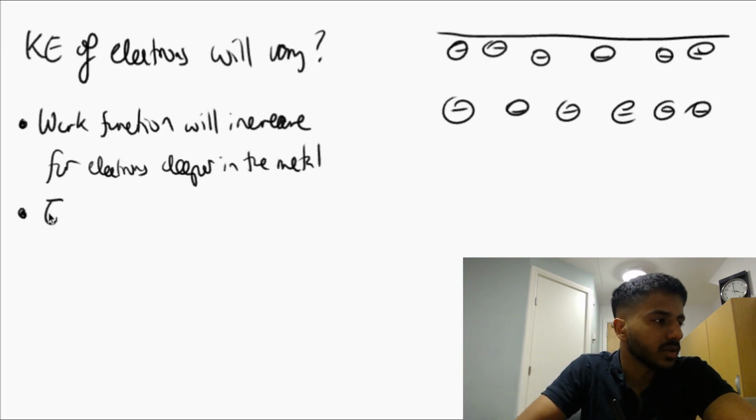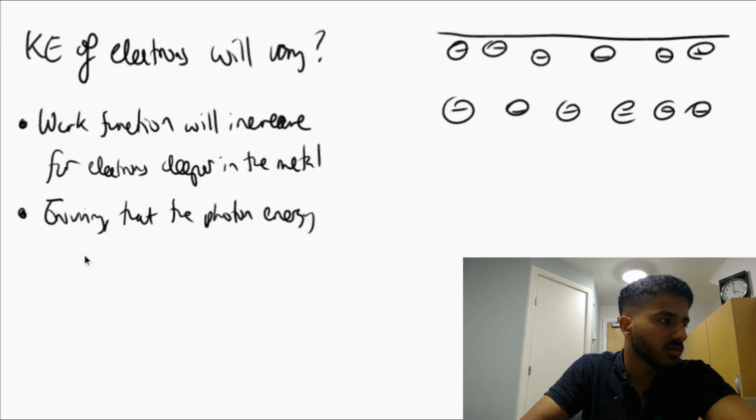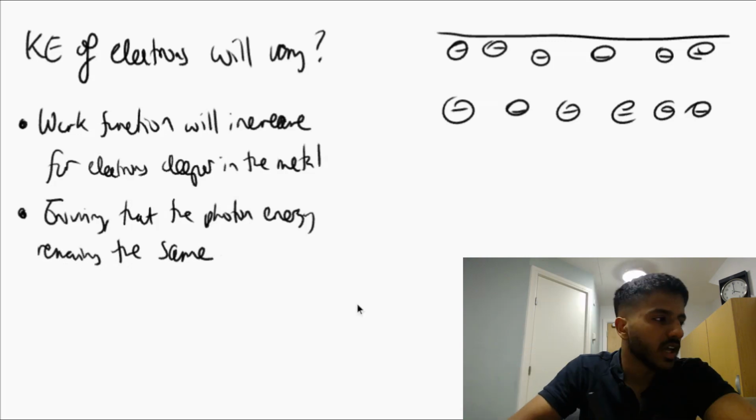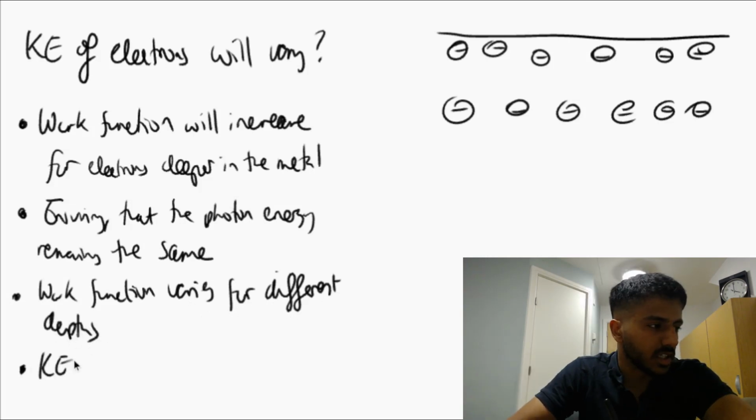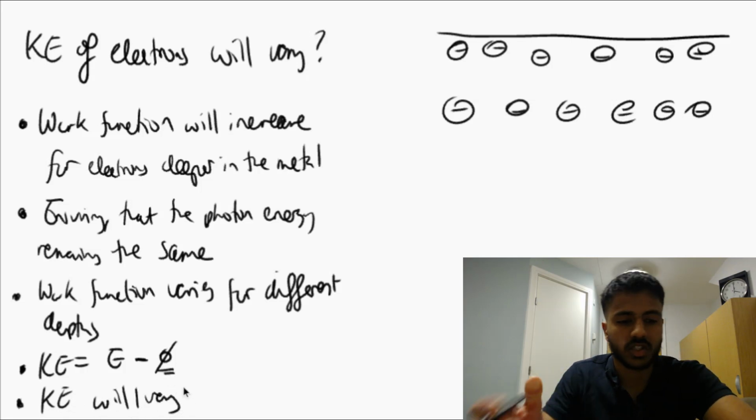So ensuring we keep the photon energy the same, if the work function varies for different depths within the metal, since kinetic energy is equal to the energy of this photon minus the work function, we can clearly see that the kinetic energy will vary if the work function is changing.